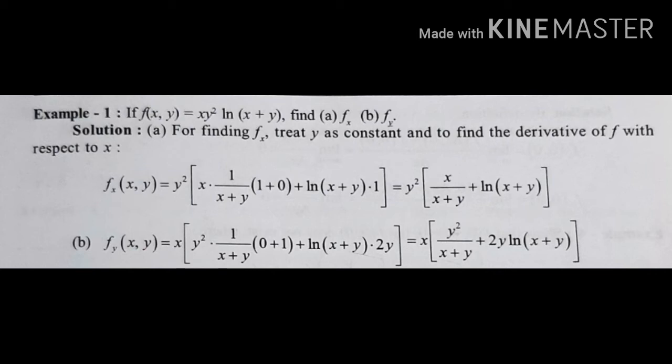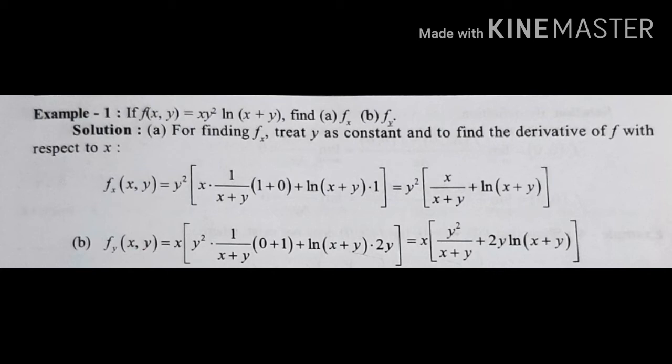Plus, now the second function unchanged, ln(x + y), and the first function is x, so the derivative of the first function is 1. Now the bracket is closed. If we arrange this, it is equal to y² [x/(x + y) + ln(x + y)].